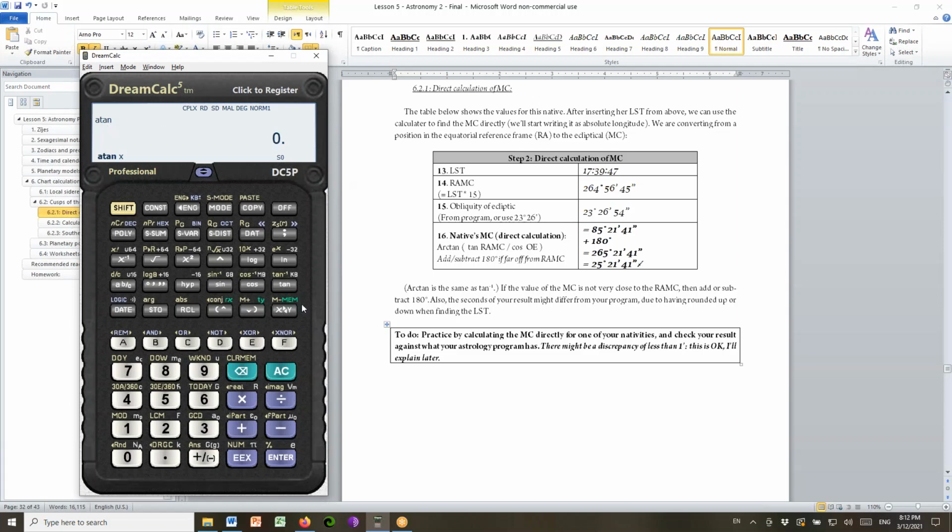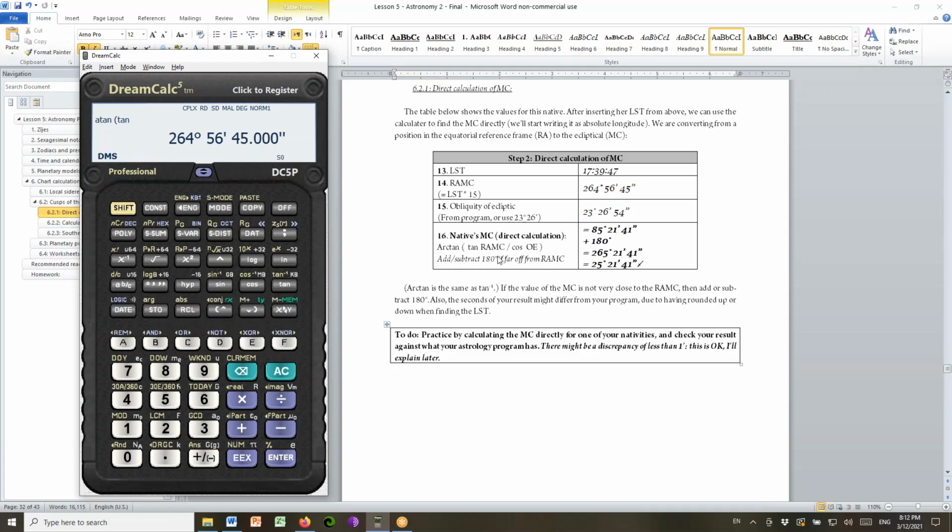Now what comes next is a parenthesis, and we'll add that. Now we need the tangent of the RAMC. So I'm going to click Tangent, and then add in the RAMC, which is 264.56.45.